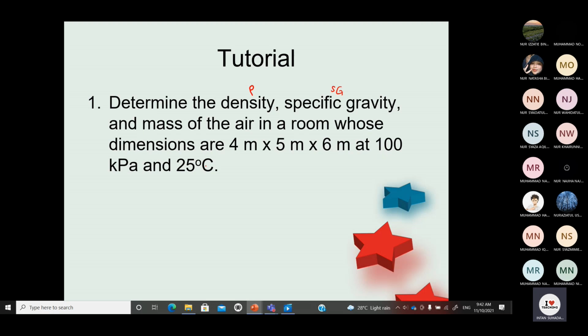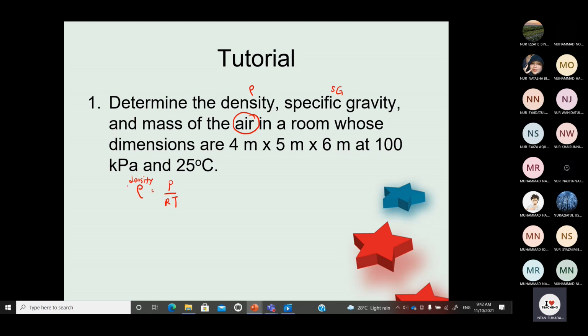So this one maybe you can't catch up at the first time, so it's okay, because this one involves air. For air, you must know that the density of air is pressure over RT.